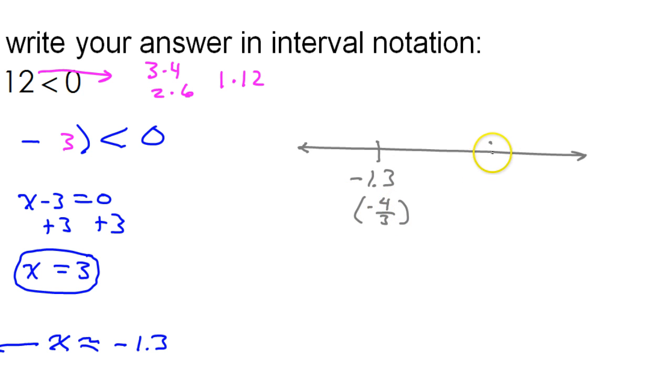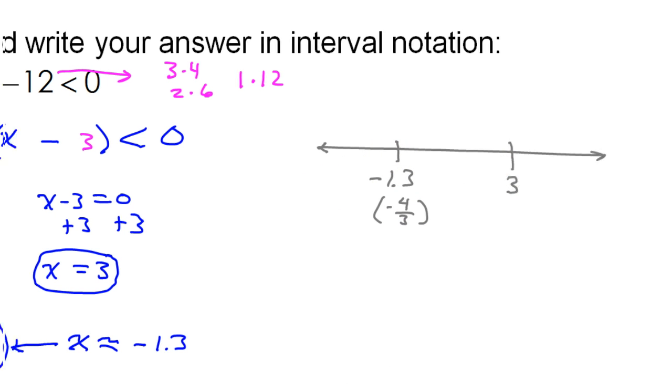And over here somewhere, I have 3. Okay, so these are the zeros. These are where the function equals 0.